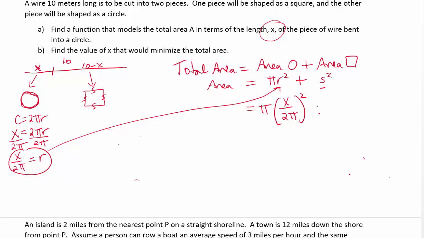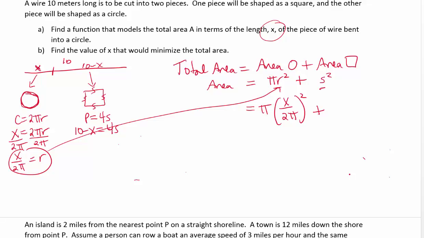Now we're going to do the same kind of thing for this s squared. So let's go over to our square over here. Notice that the 10 minus x is getting wrapped around the outside of my square. So the 10 minus x is the perimeter of this square. And perimeter of a square is just side plus side plus side plus side, or 4 sides. And we want that perimeter to be 10 minus x.